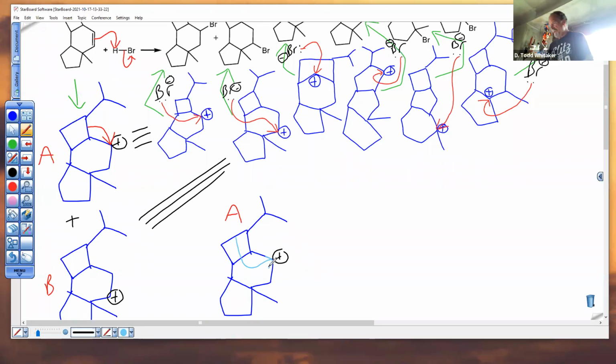And I'll keep labeling cations on the screen because I don't want to draw them again. I'm going to call this one cation C and this one D. This one was already labeled as A. This one was already labeled as B, E, and F. So which letter do I get after I move this one?